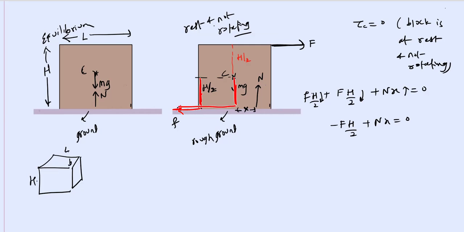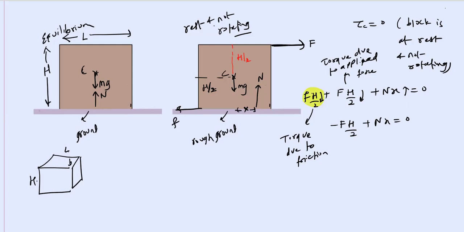So F into h by 2 will be the torque due to friction, this is the torque due to applied force, and this is the torque due to normal contact, which will be anti-clockwise.